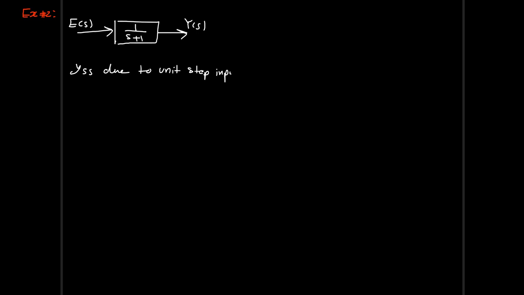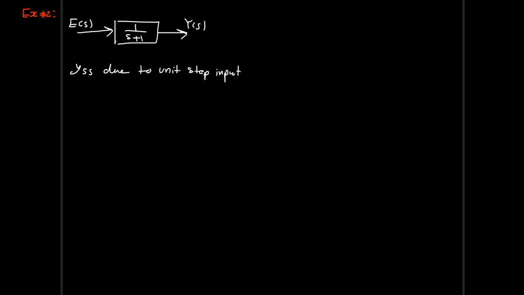Now let's assume that we have a simple block diagram consisting of one block where the input is E of s and the output is Y of s, and let's assume it's 1 over (s plus 1), and we need to find the Y steady state due to a unit step input.